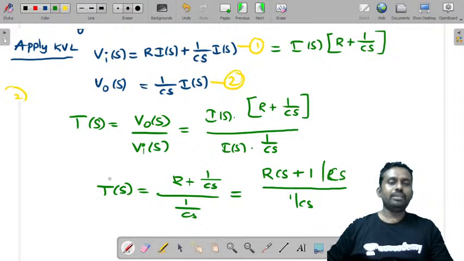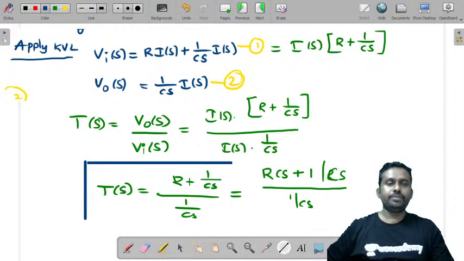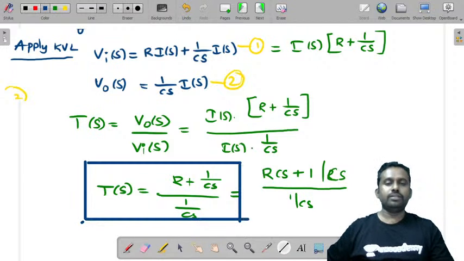Right? So this will become the transfer function. This is how you will determine the transfer function of an electrical system. You can just simplify this, or you can also write till this point in your examination. You'll be given marks.